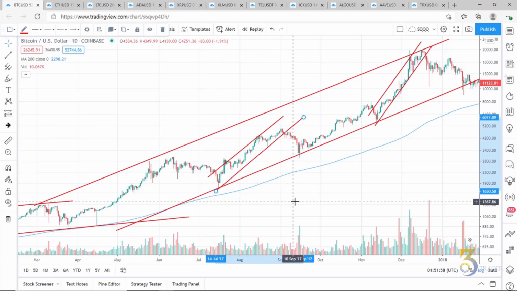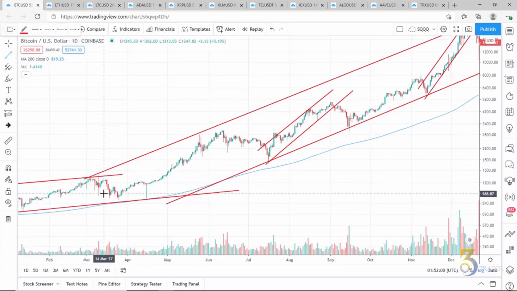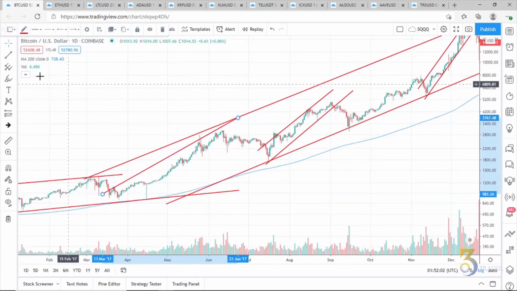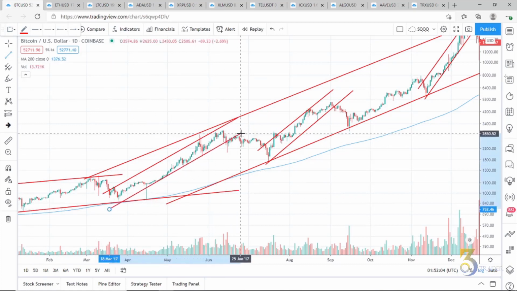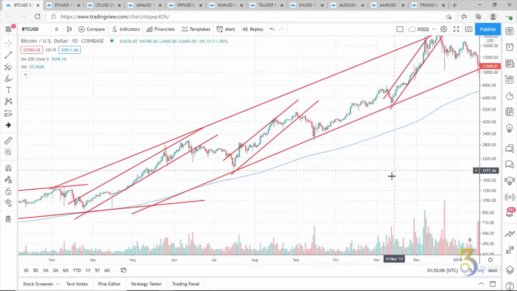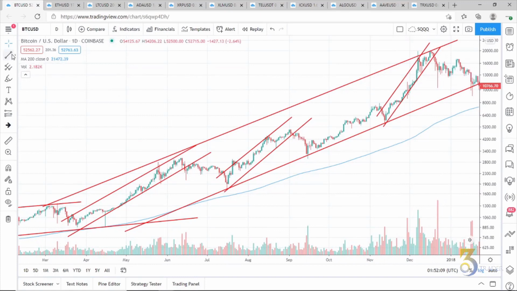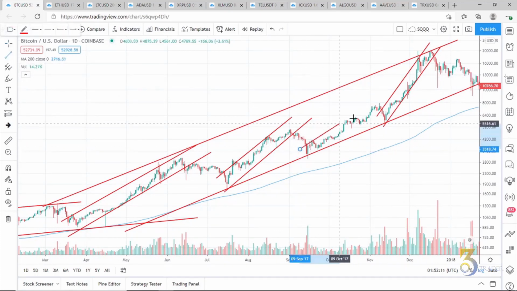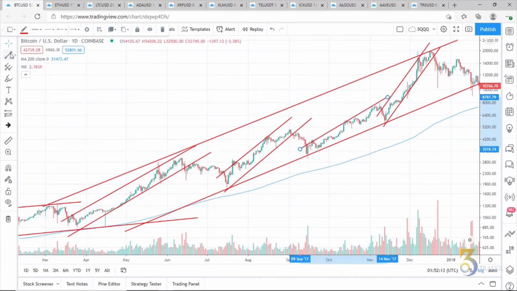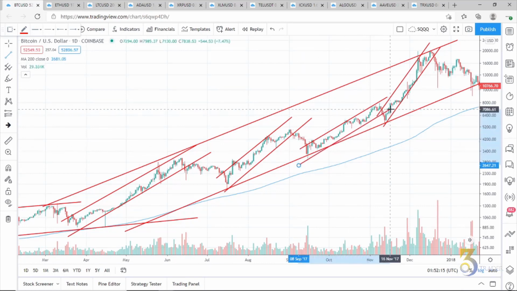You can just take your time and do this. Have some fun popping these lines up, and you can see other price action, other increases. We can even do this one here. Look at this. This is very simple.